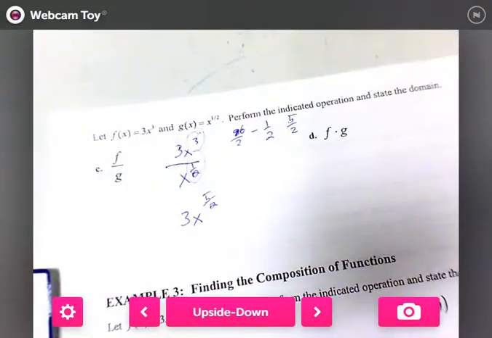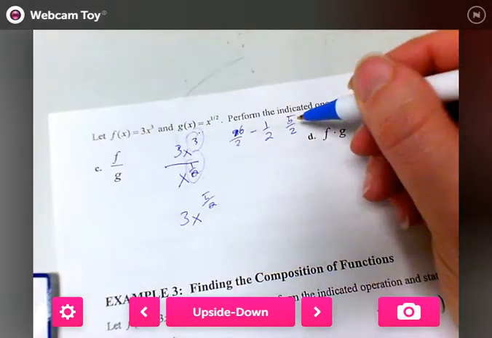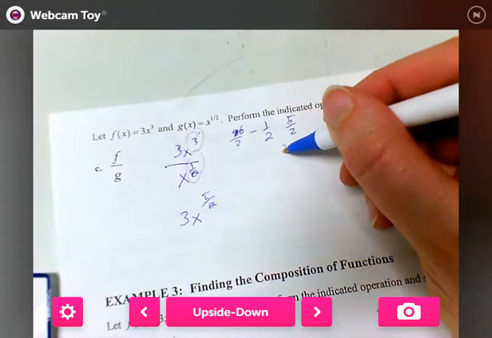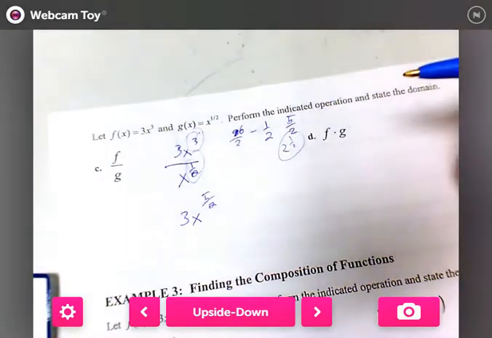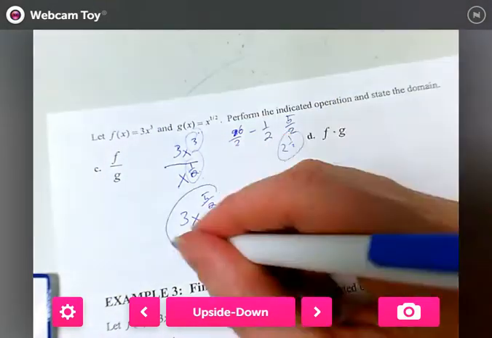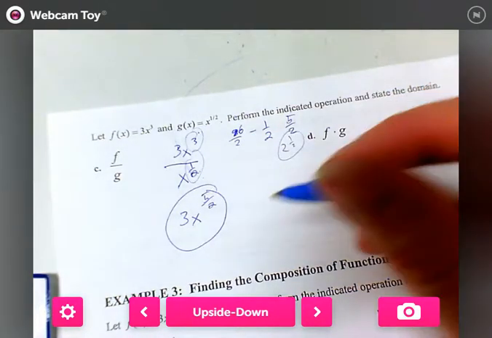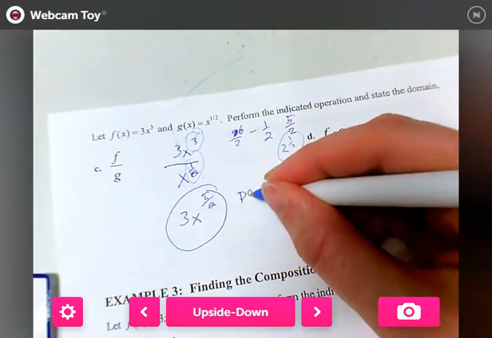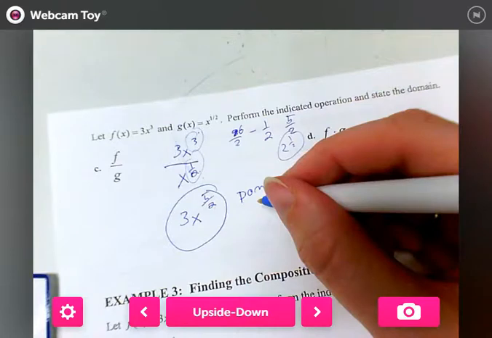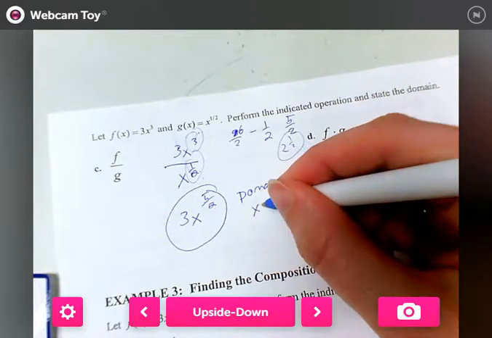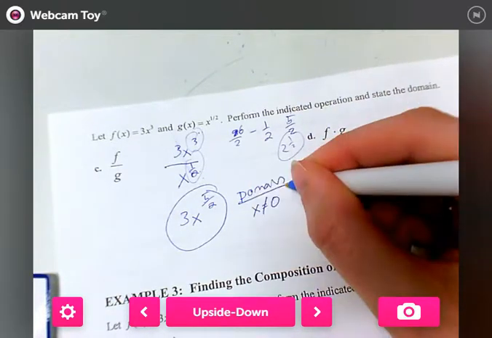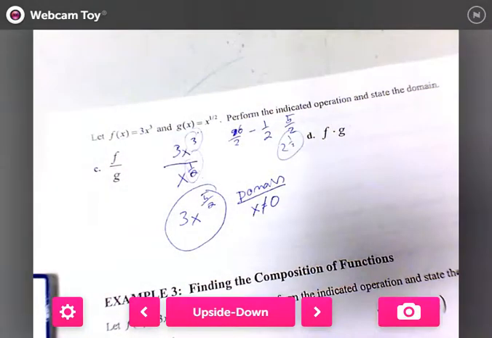Or if you do 3 minus 1/2, that's 2 and 1/2. 5 over 2 is 2 goes into 5 two times with 1 left over. It's the same thing. So that's my answer. But because I set this up as a division problem, my domain is still x cannot be 0, because then this whole part wouldn't work.